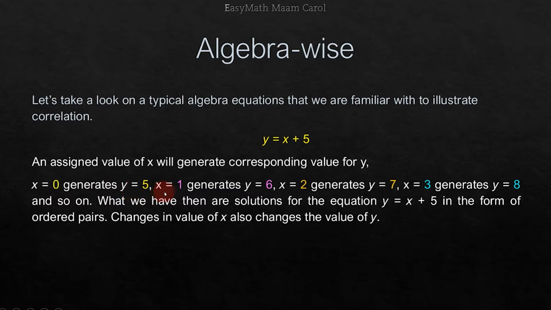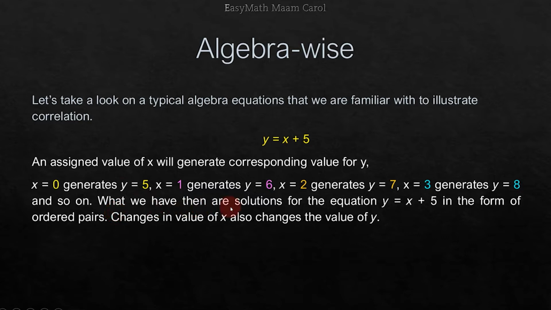Another one is when x is equal to 1, it generates y is equal to 6. So if we change the value of x into 1, we get y is equal to 6. Same thing with x is equal to 2, it generates y is equal to 7. And when x is equal to 3, it generates y is equal to 8 and so on. Take note, partner. So for every value of x, there is a value of y.